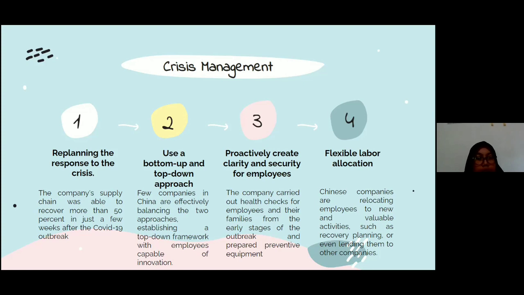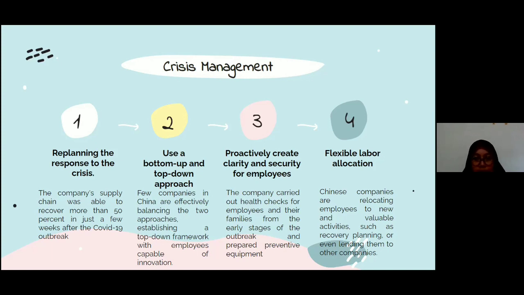And the third, they proactively create clarity and security for employees. The company carried out health checks for employees and their families from the early stages of the outbreak and prepare preventive equipment. And the fourth steps is flexible labor allocation.